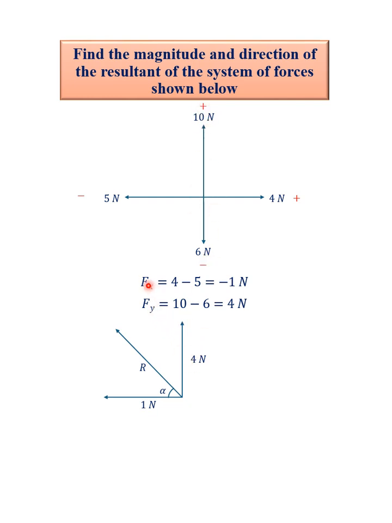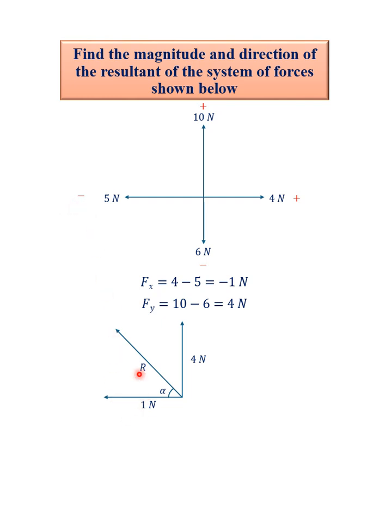Since the horizontal force is negative, we are going to draw 1 Newton to the left. Now you can see that there is no longer a negative in front of the 1, because we have represented the negative as a direction to the left. So in the real sense, the force is not a negative force. It is just telling us that the direction of the 1 Newton force is to the left, since we have assumed that to the left the sign is negative.